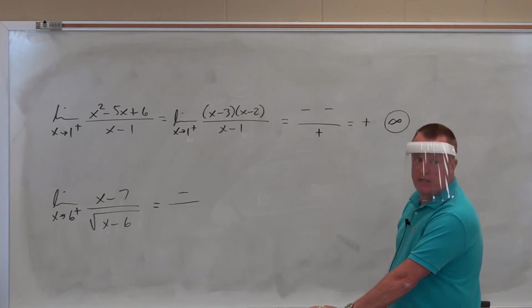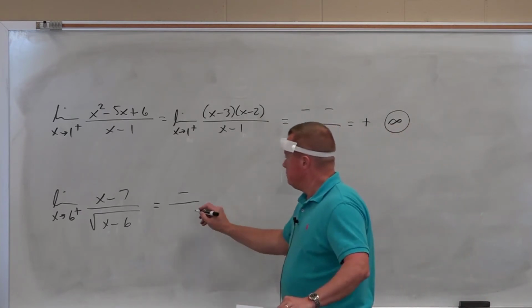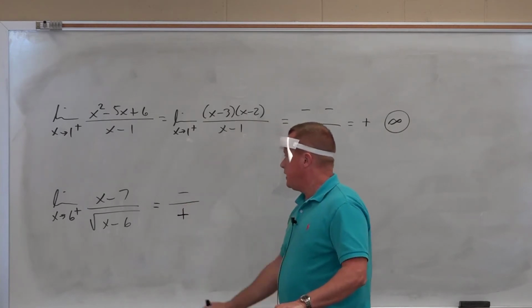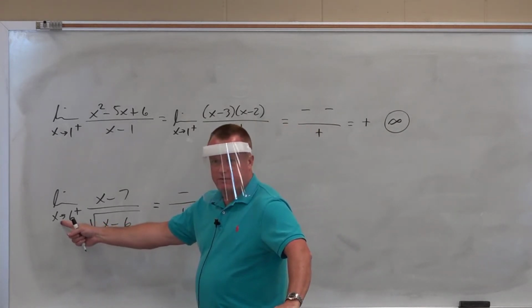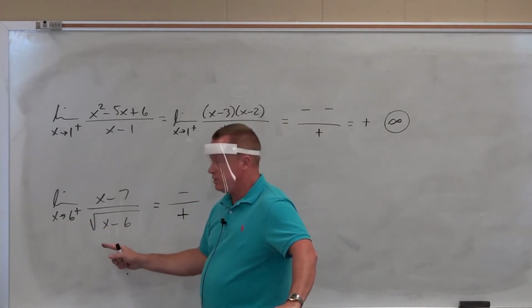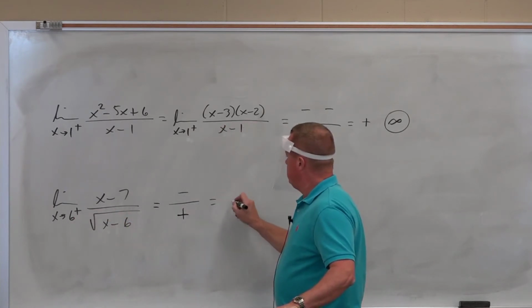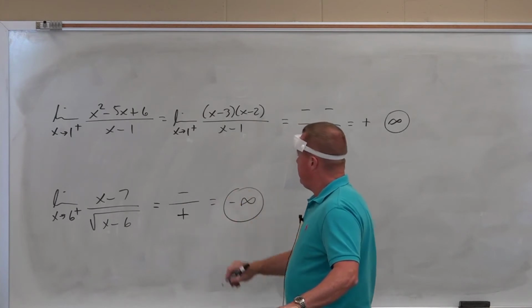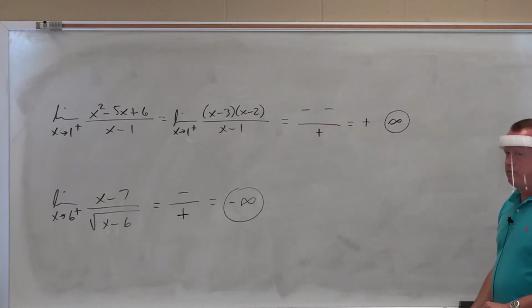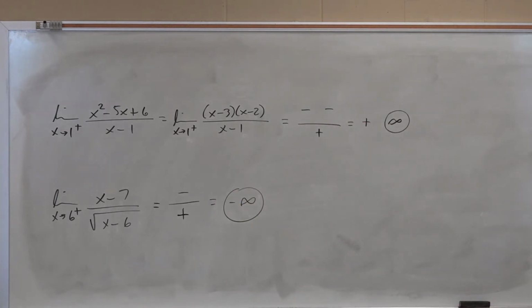We always define it as positive, right? Now, you couldn't come from the left, correct? If you came from the left, you would have a complex number. So you'd only come from the right. Positive, negative divided by a positive is a negative, so it's negative infinity. Okay? Questions about that?